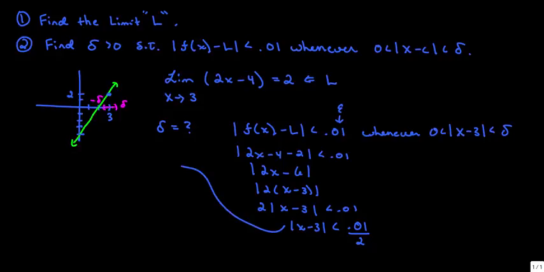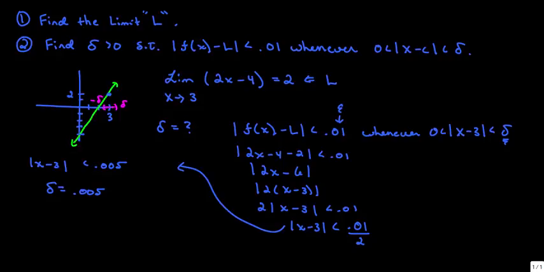If I take 0.01 and divide that by 2, that gives me 0.005. So that means x minus 3 has to be less than 0.005, and what we've now found is our delta value. So delta should be equal to 0.005.